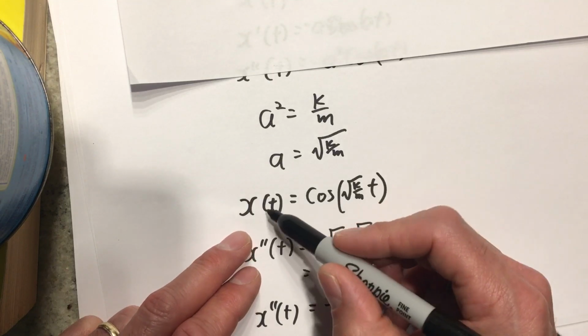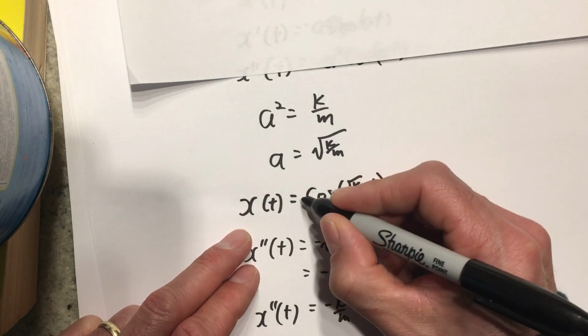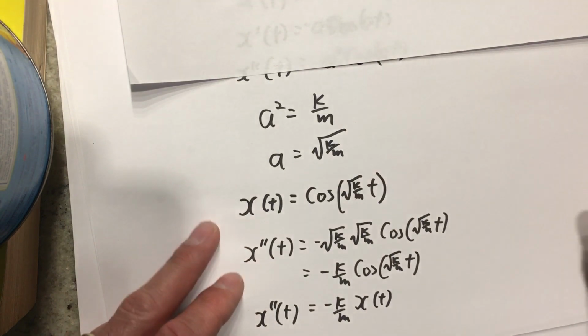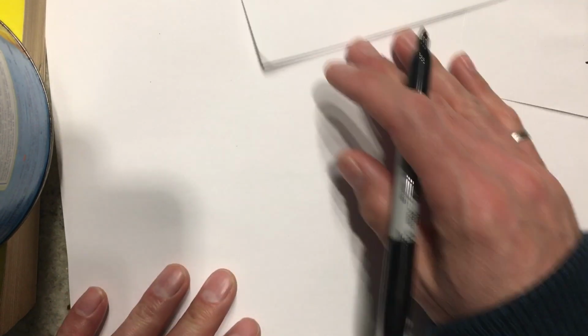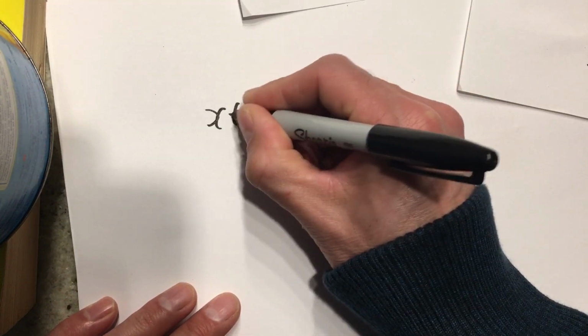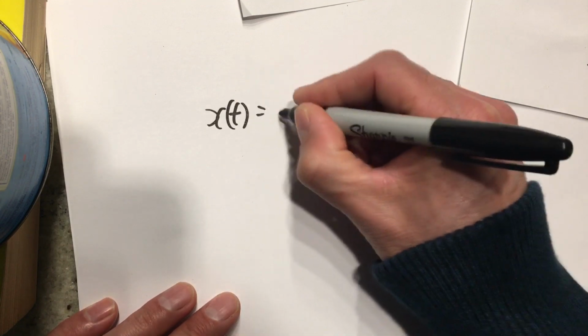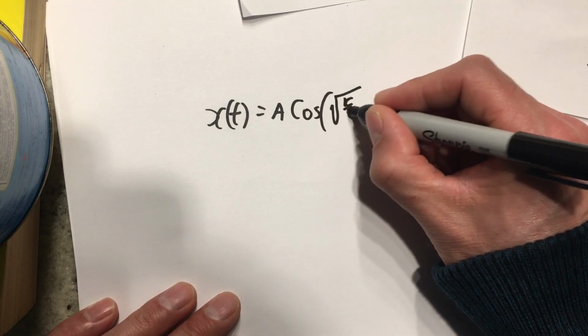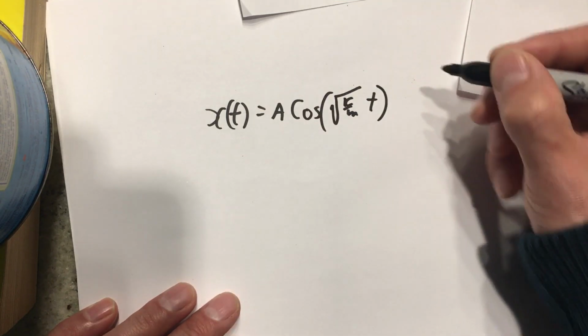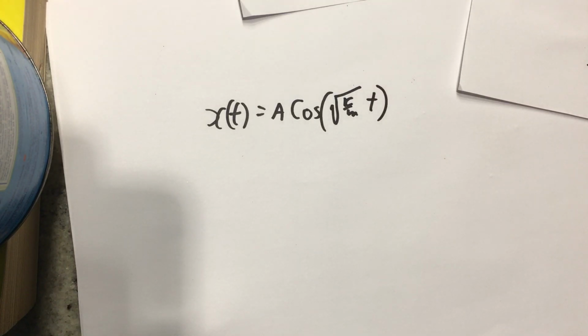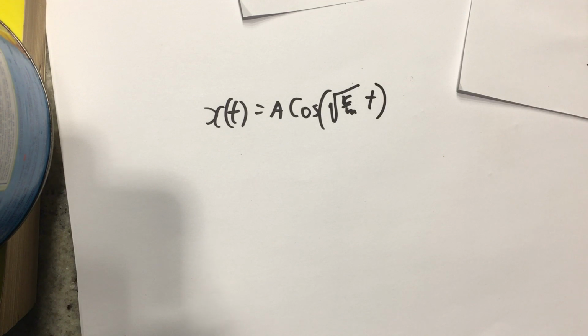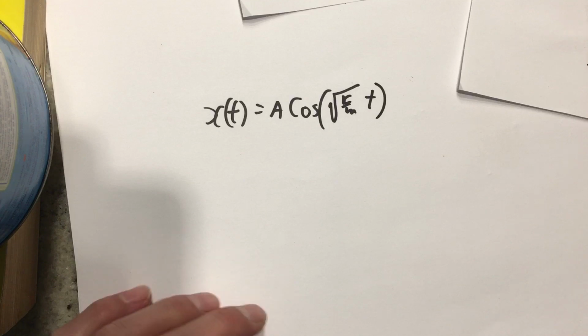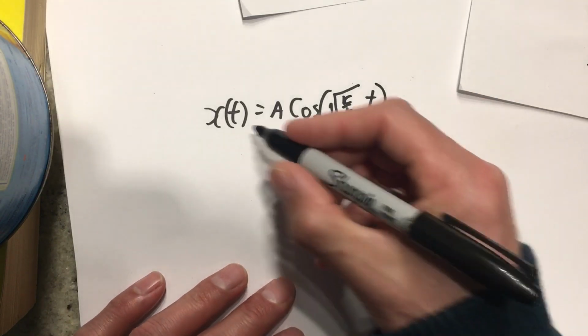You see, if we make x at t a times the cosine of the square root of k over m times t, because when you take the derivative of a function times a constant, that's the same as the constant times the derivative. Everything's going to come out the same, except we've got that multiple of a there. So let's give this a try.